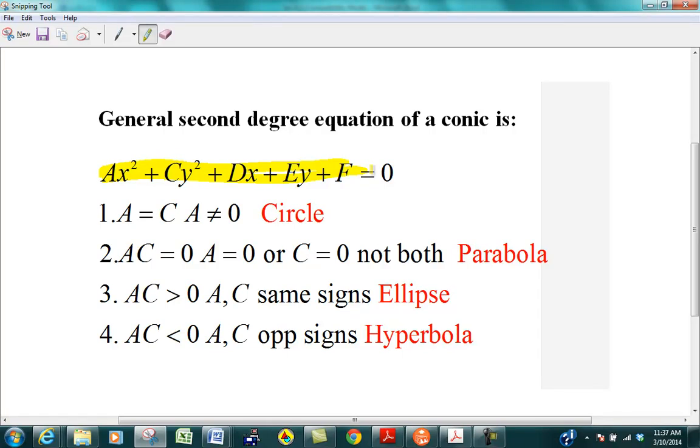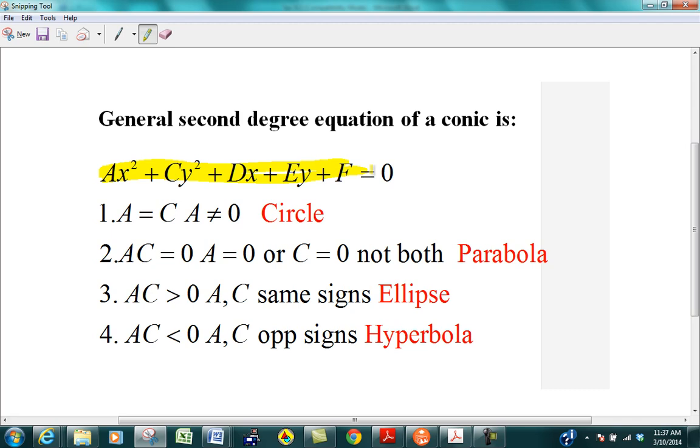That's the degenerate conic, remember? Selena, we did that problem last week, one of the homework problems. In that case, A and C would both be 0 and you get a line. So if A times C is equal to 0 and either A is 0 or C is 0, but not both, then the conic is a parabola.